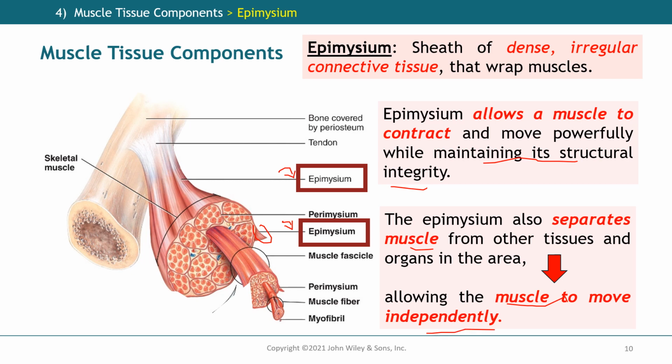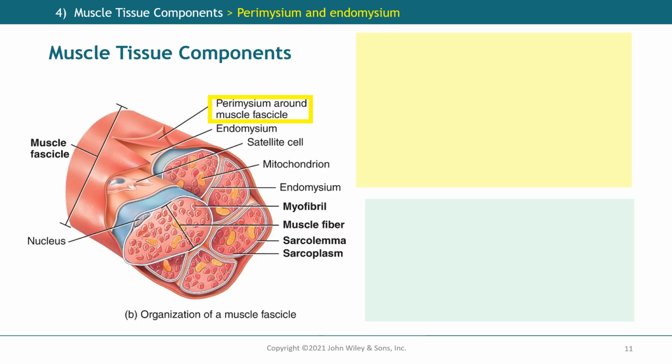Now let's go to the second one. So here I'm going to talk about both perimysium and endomysium. So let's start with the perimysium. The perimysium goes around the muscle fascicle. So look, here's the muscle fascicle. So here it goes from here to here. So it goes all those, and the perimysium surrounds that red region that has all those muscles.